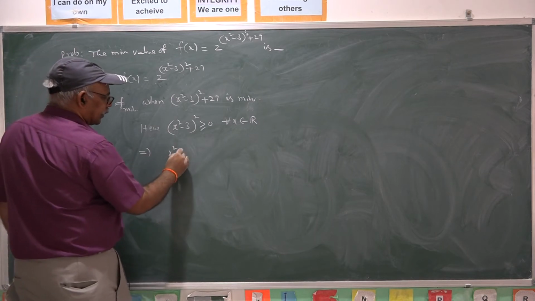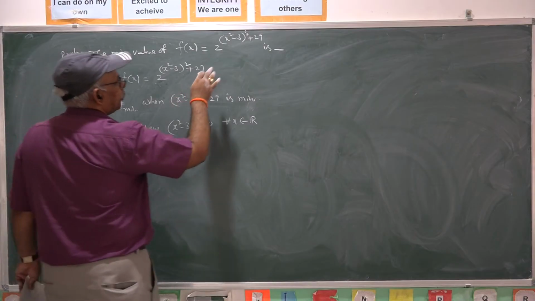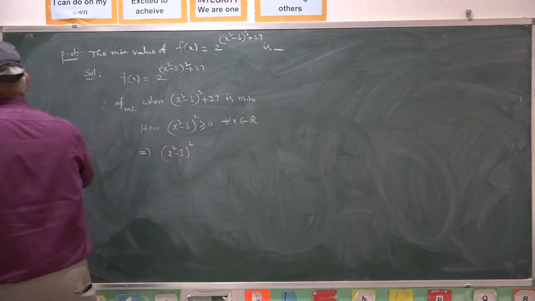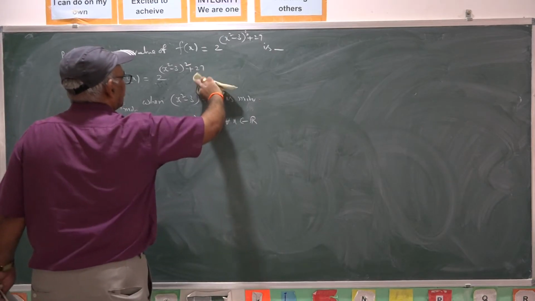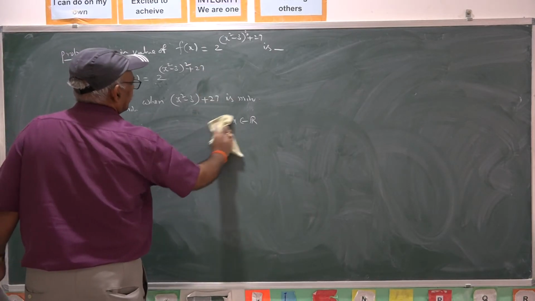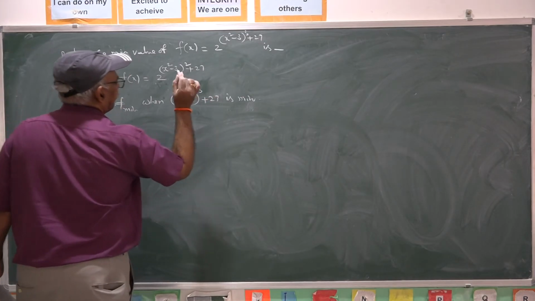Oh, this is cube. Okay. Once it is square, you can go through like this, but it is cube. So you have to go through the derivative. Okay. Cube.